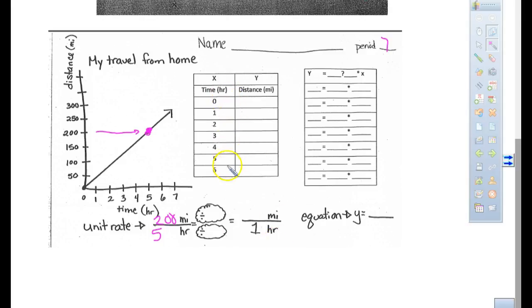You're going to fill this in from 0 through 1 using your unit rate for our 1. And then you're filling in this column. When you fill in the column for Y, that should be the same as I have here, whatever numbers I have here.